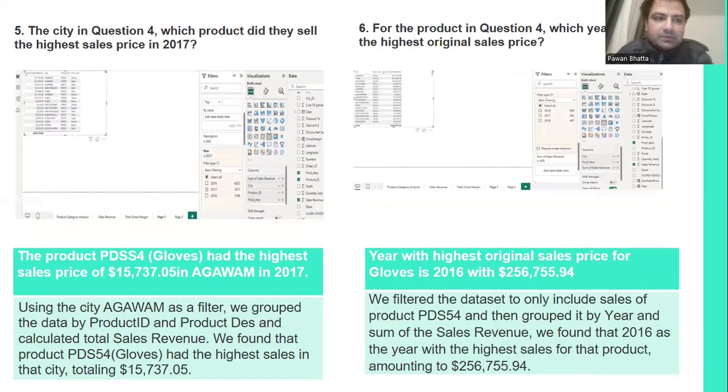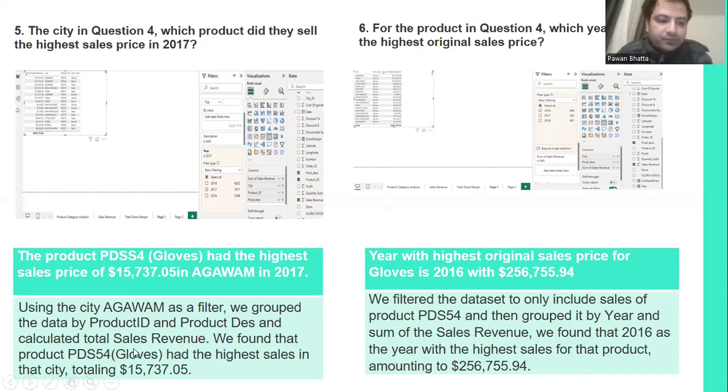And question number 5: for the city in question number 4, which product did they sell with the highest sales price in 2017? The answer is gloves, and the highest sales price is 15,737 in 2017.